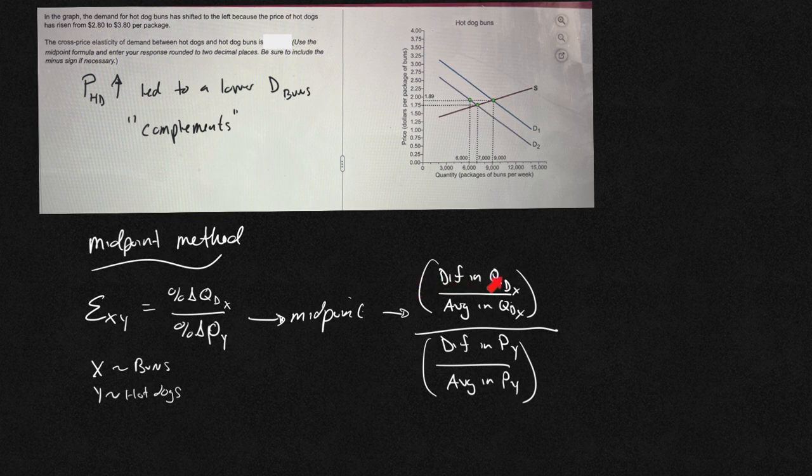Because what you're trying to do is find the difference divided by the midpoint, or divided by the average, because we only have two numbers.